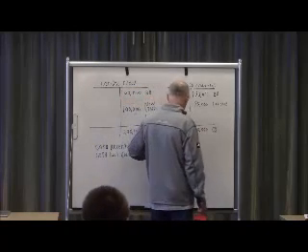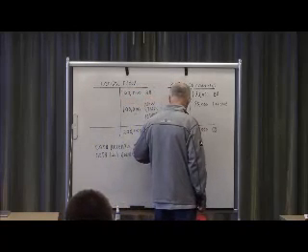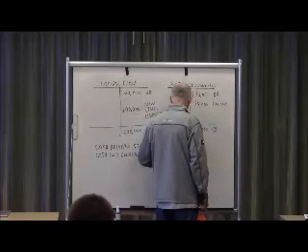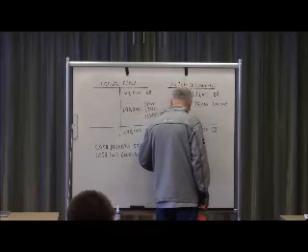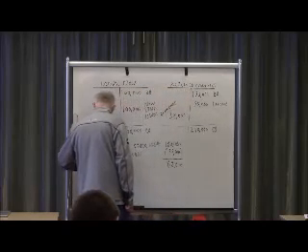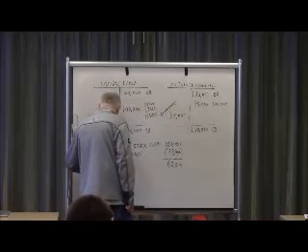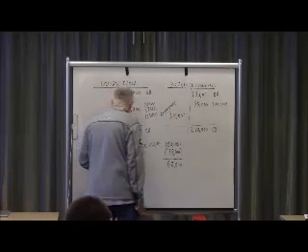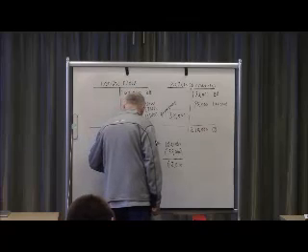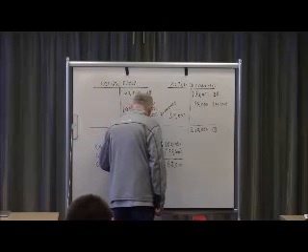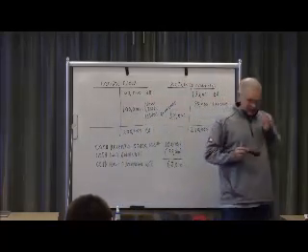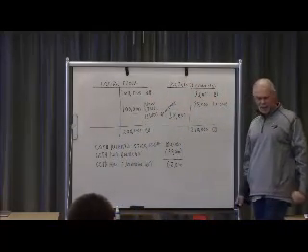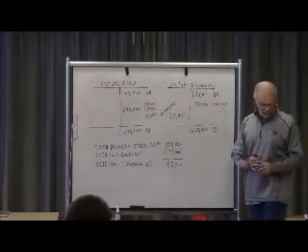Cash paid for dividends is 38. So cash flow from financing activities would be a positive $62,000.